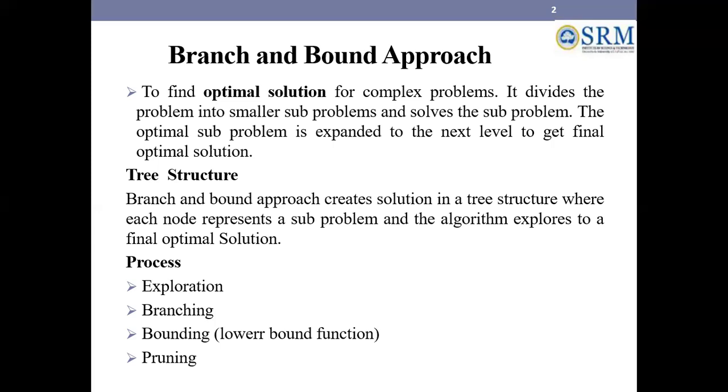That is called bounding function. We are choosing only one best solution locally. So the remaining sub-problems are eliminated, not considered for exploration. That is called pruning. So choosing the best one is called bounding. Eliminating the remaining non-promising solutions is called pruning.